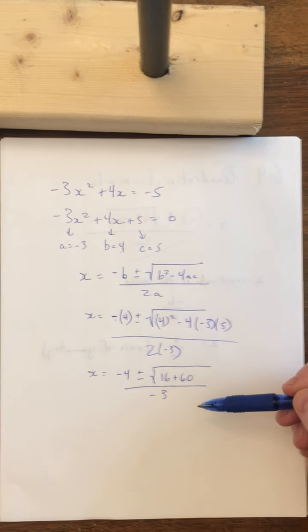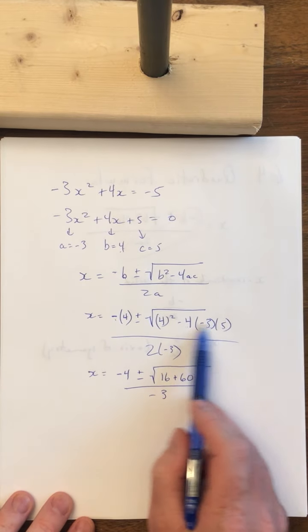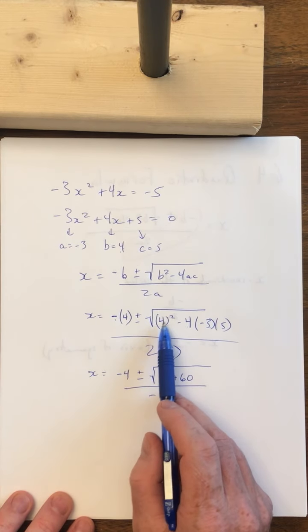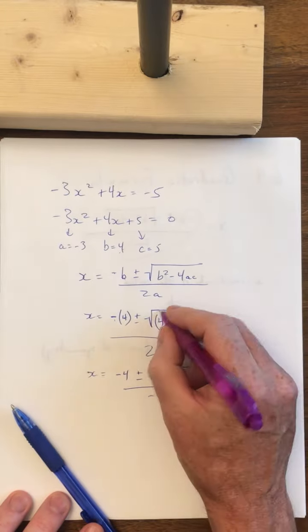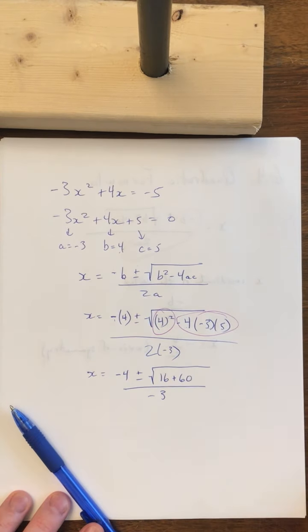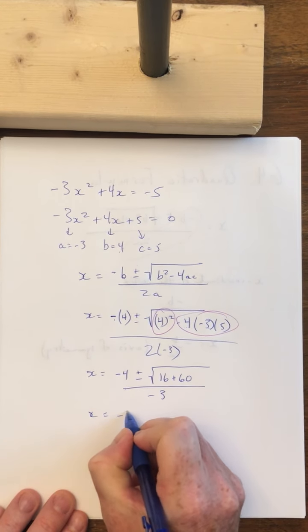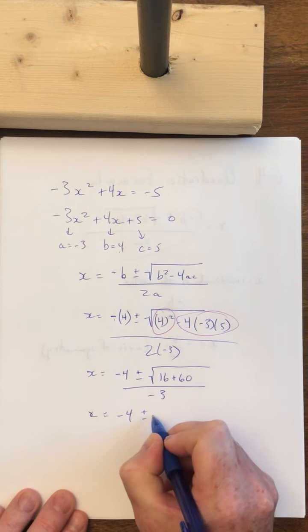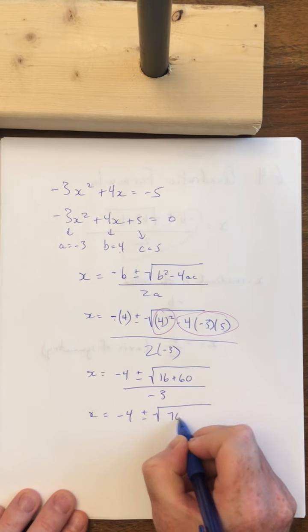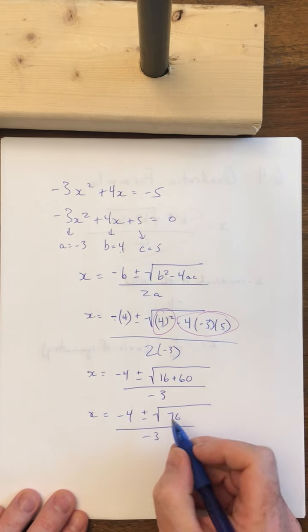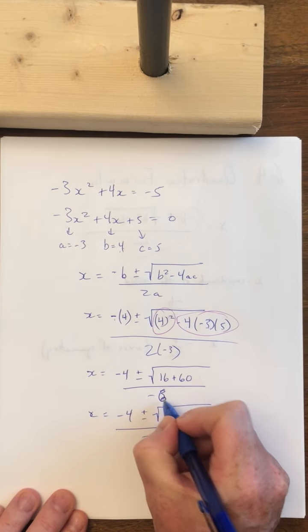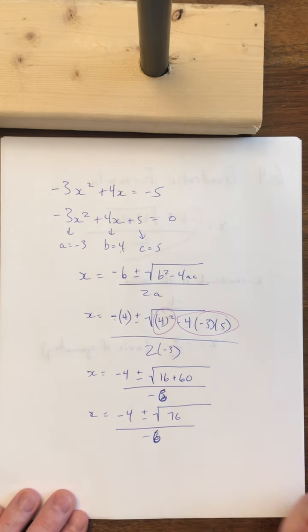I'm writing it out, especially right here, to show you that you shouldn't forget BEDMAS. So we have this minus this, but these are timeses. So make sure you're doing that in the correct order. Continuing to simplify, minus 4 plus or minus the root of 76 all over minus, oops, this is a minus 6 back here, all over minus 6.